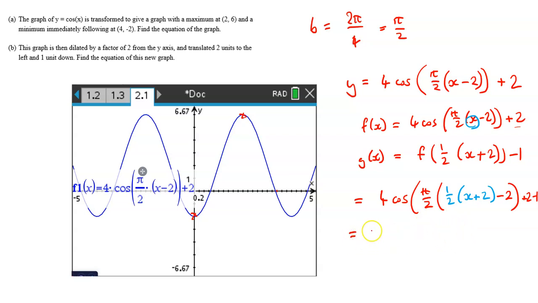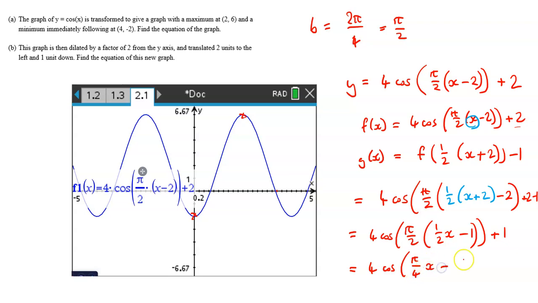So we'd have 4 cos of pi on 2, a half x plus 1 minus 2 is minus 1. Plus 2 minus 1 is going to be plus 1, which gives us, if we expand that, 4 cos of pi on 4 x minus pi on 2, plus 1.